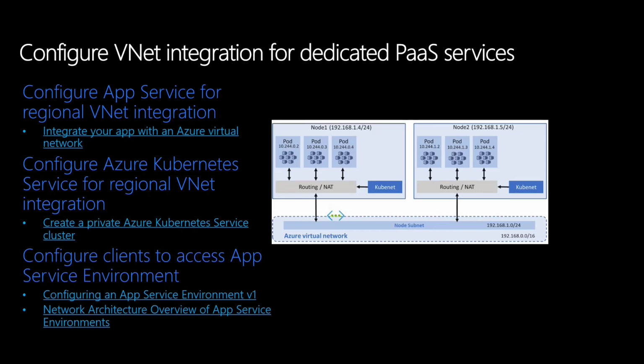As an example, if you're using Kubernetes, Azure Kubernetes Service clusters can use KubeNet, which is just basic networking for Kubernetes, or they could use Azure CNI, which is more advanced networking for connectivity. With KubeNet, only the nodes receive an IP address in the virtual network subnet. In other words, pods cannot communicate directly with each other.